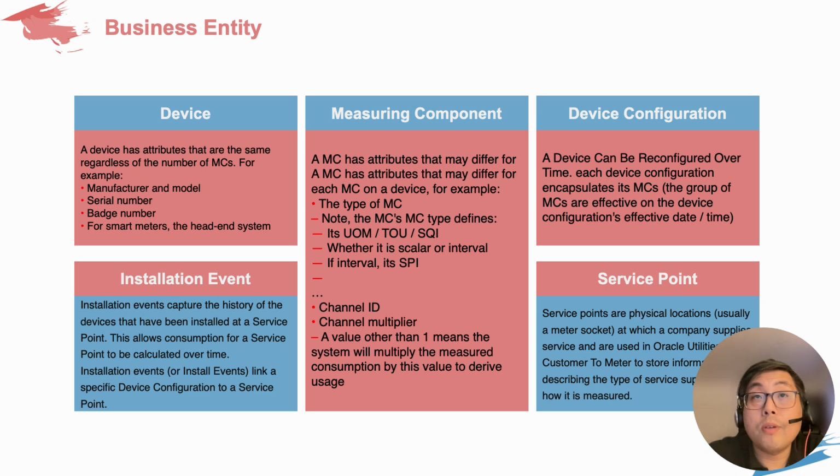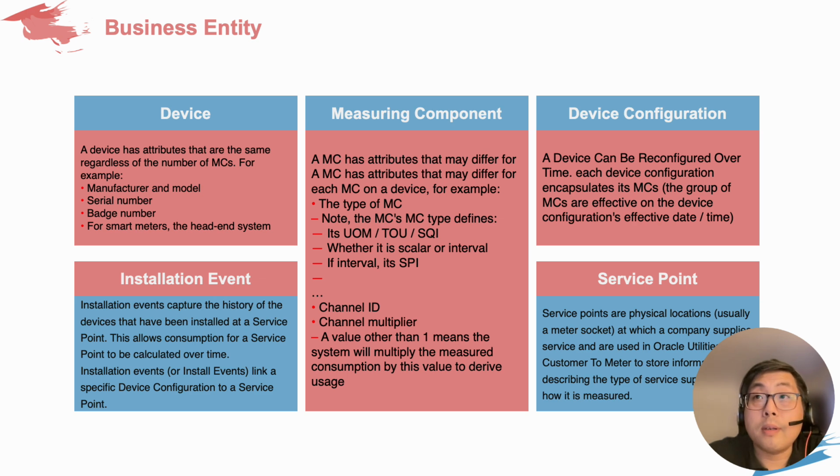So during a period, if we receive a device event, say in the last 10 days there is one day the network has an outage, in that case the installation event will be able to capture this information.